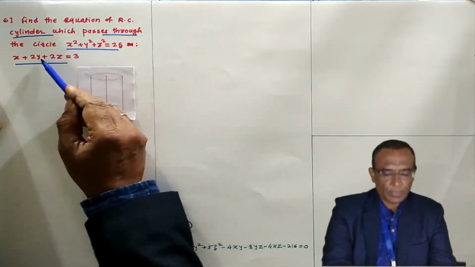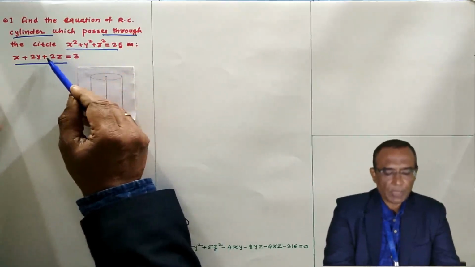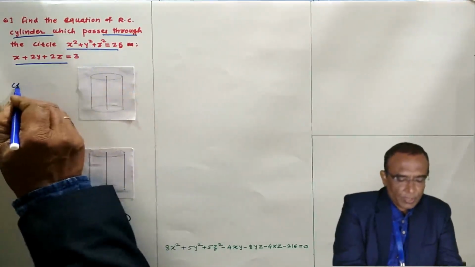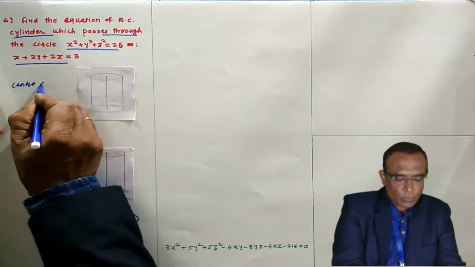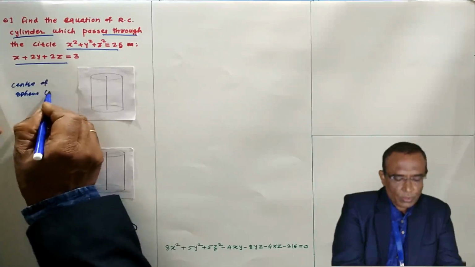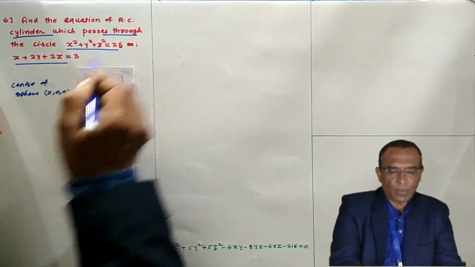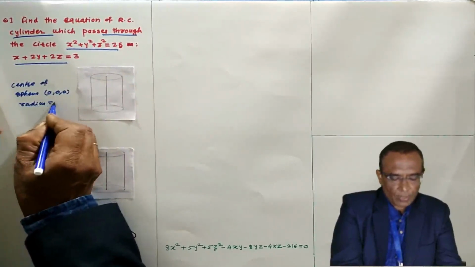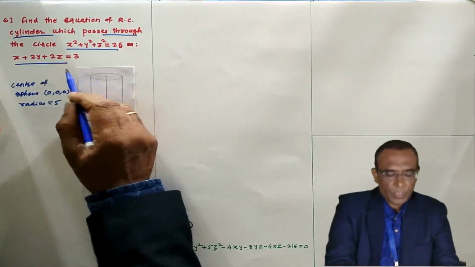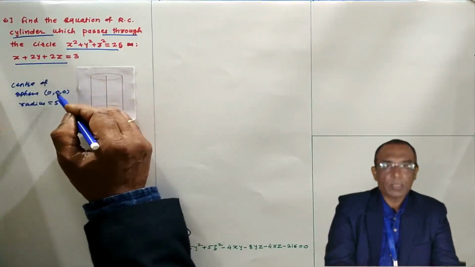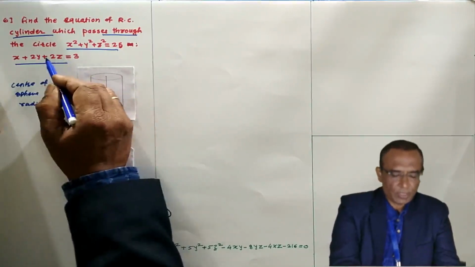Now, please check whether this plane passes through the center of the sphere or not. So, what is the center of the sphere here? The center of the sphere is (0, 0, 0), and the radius of the sphere is 5. If this plane passes through the center of the sphere, the center must satisfy this equation.